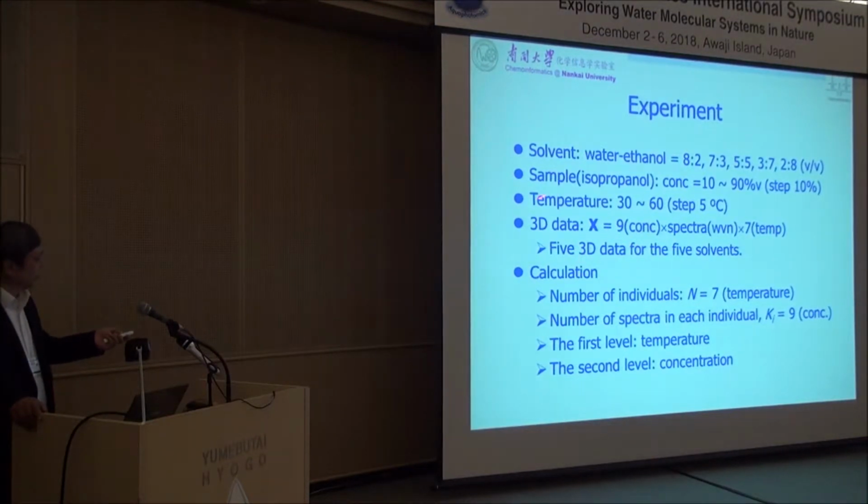For each solvent, we have a 3D data matrix. In the calculation, we take the data measured at 7 temperatures as an X block, and we have 9 blocks. So the first level describes the change of temperature, and the second level describes the change of concentration.